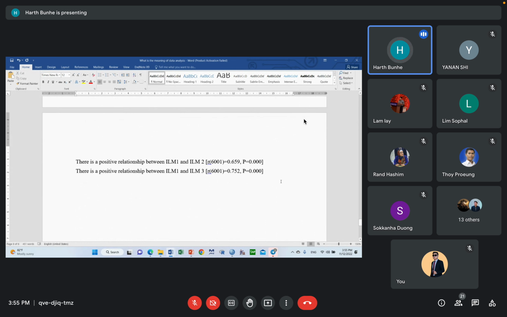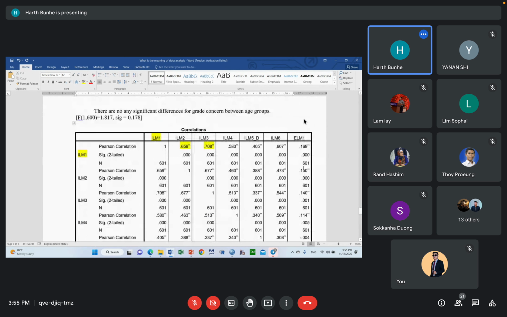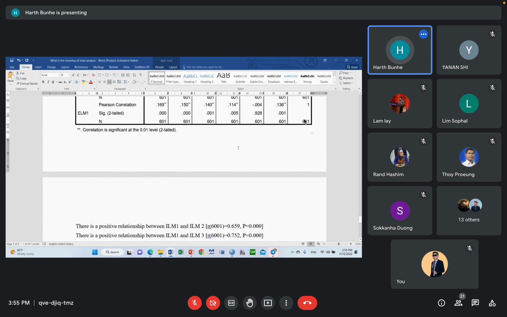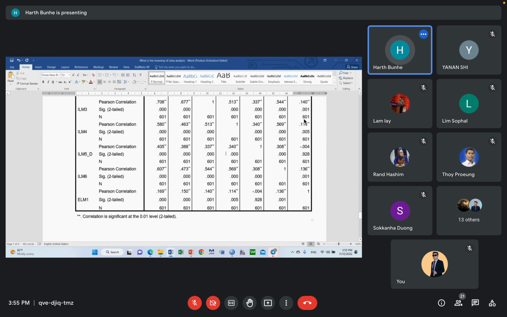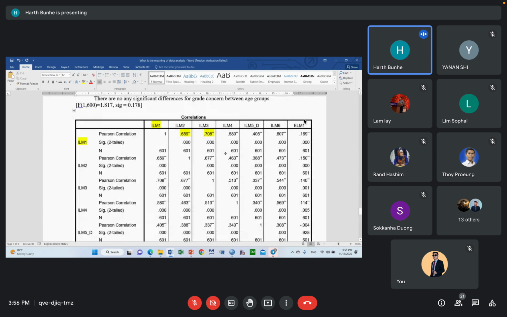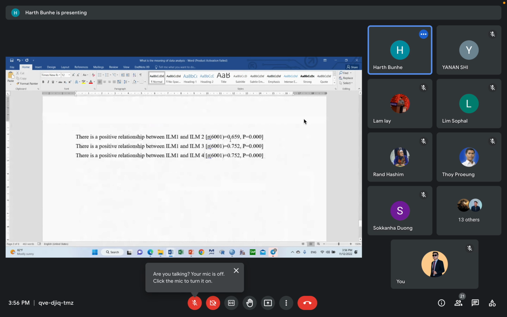That's all. And you go one by one until the end. You got the point? The third line you will write about: there is a positive relationship between ILM1 and ILM4 with the value of how much? 0.580.